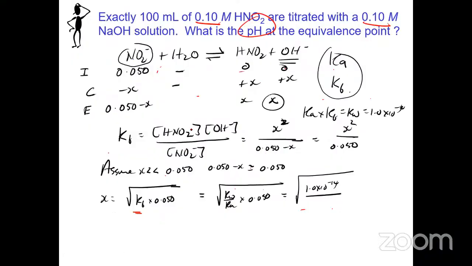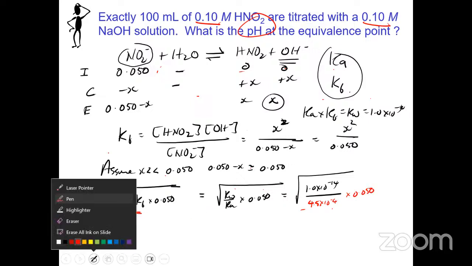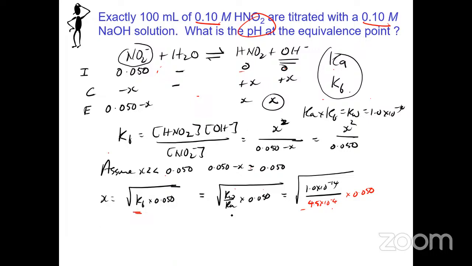So I'm going to put 4.5 times 10 to the minus 4 multiplied by 0.050. That means x would be equal to 1 times 10 to the minus 14 times 0.05 divided by 4.5 times 10 to the minus 4, and then I find the square root of that.